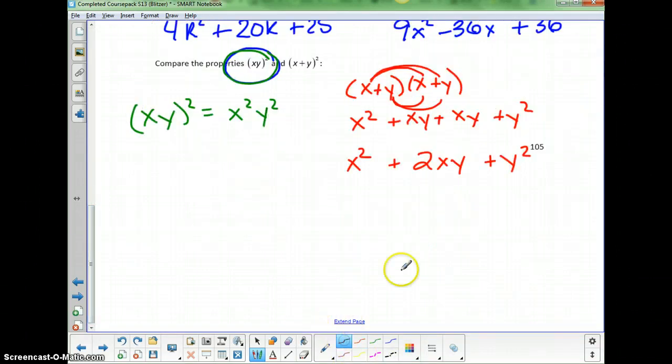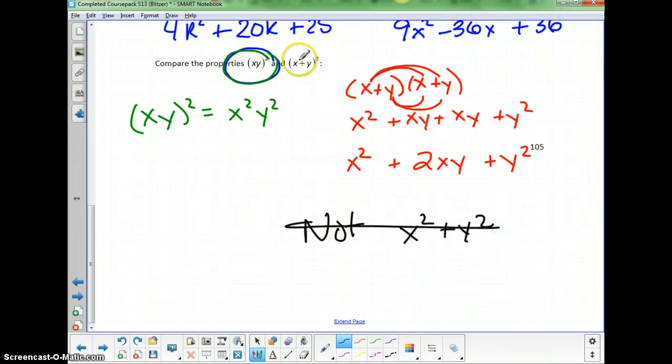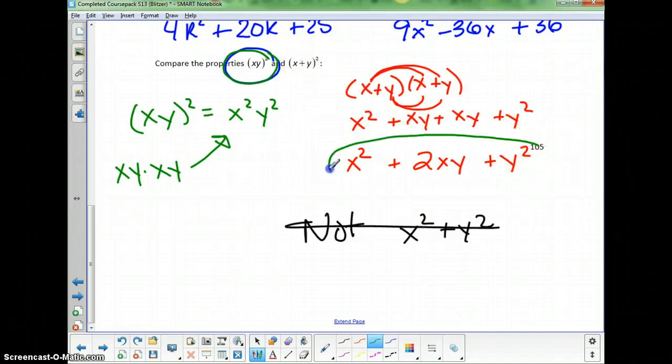Note, this is not the same as x squared plus y squared. If it's a product, we have a property that says I can square both pieces of that product, remembering that xy squared means xy times xy, which is x squared y squared. This is not the same thing when I look at x plus y squared. It's a different answer. I need to make sure I multiply it out twice to get the full and complete answer.